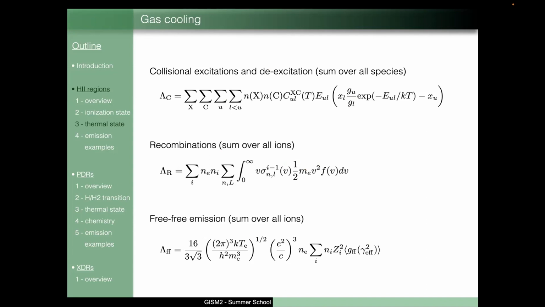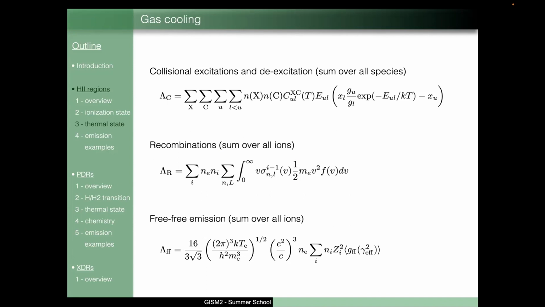Now, the second source of cooling in an H II region is recombination. So when there is an electron recombining onto an ion, basically the electron will lose its kinetic energy. So in order to compute the cooling rate associated with this process, we just need to do the sum over all recombination processes of the rate of recombination.